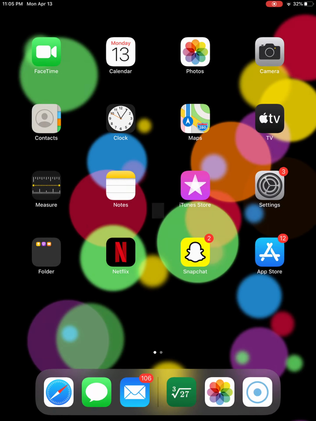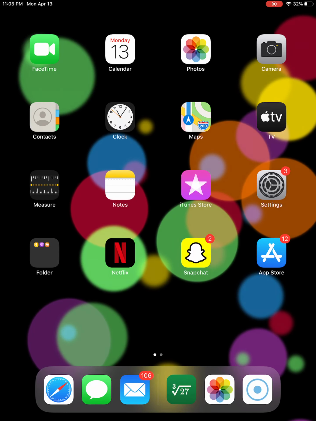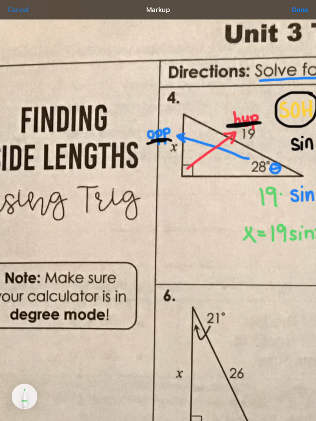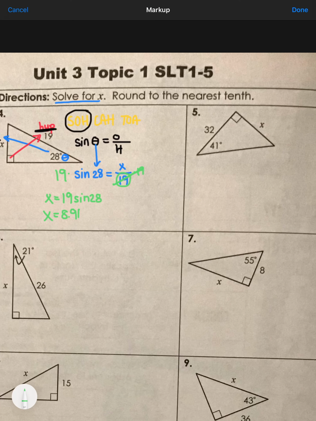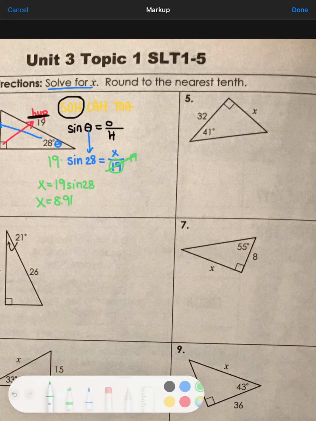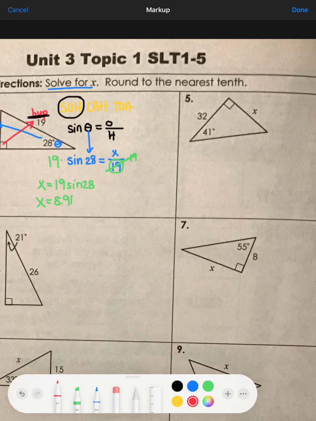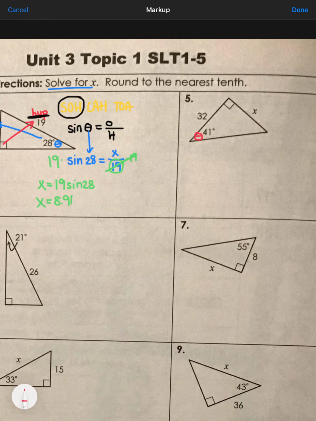And my answer is 8.91995. And it said round to the nearest tenth, so in this case it's going to be 8.9. I like to say 8.91. I like to round to the nearest hundredth.